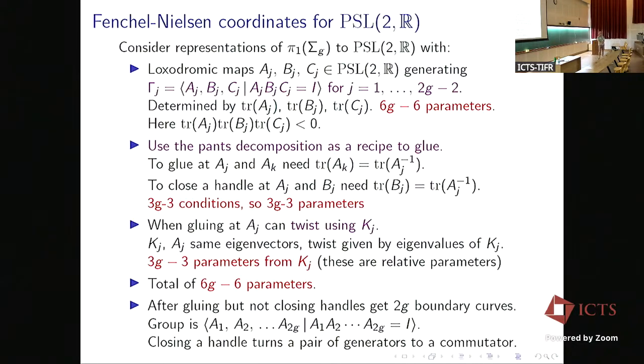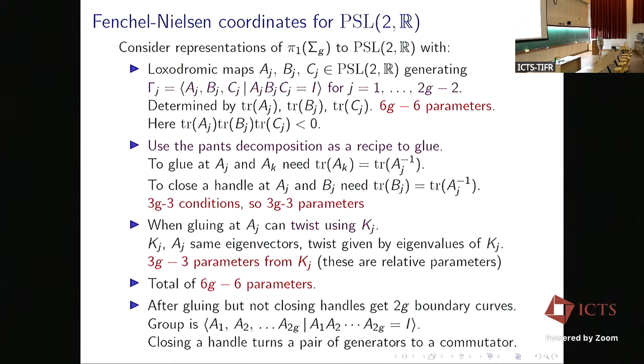So that's just thinking about a subset of the space of all representations of the free group on two generators. That's the patch that I need, because that's where my pairs of pants group lives. And then I get 6G minus 6 parameters because I have 3 traces for each of my copies, each gamma j, and I have 2G minus 2 gamma j's.